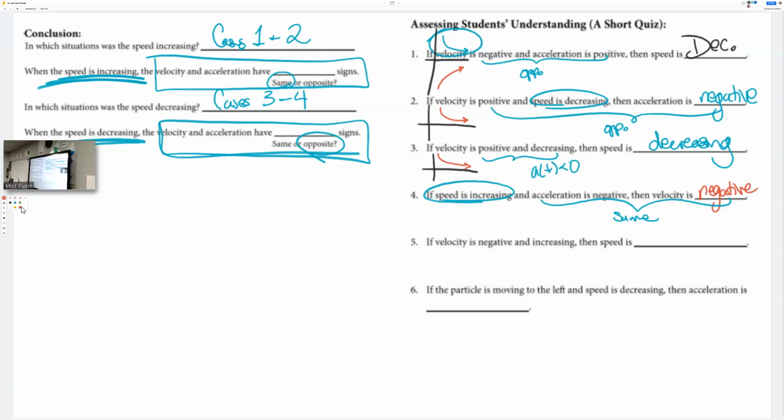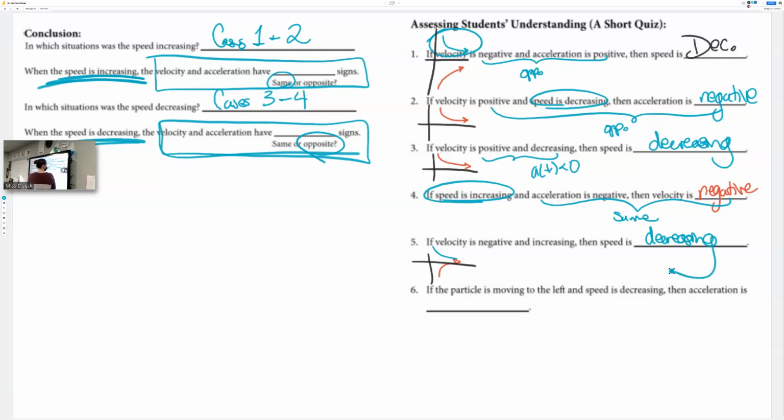Well, velocity is in the negative axis, and it's getting closer to zero. And it's getting closer to zero. That value is decreasing. So it seems like a lot of you like either the visual or just the kind of understanding of velocity is negative, it's down below, but it's increasing. Josh said the key, he says it's getting closer to zero. So speed would also be getting closer to zero. So therefore, yes, speed is decreasing.